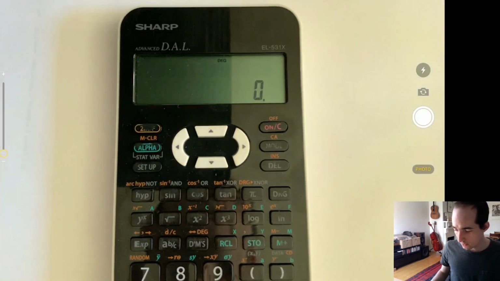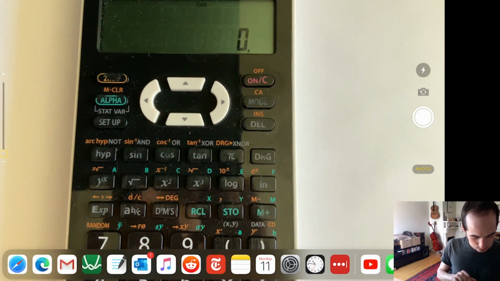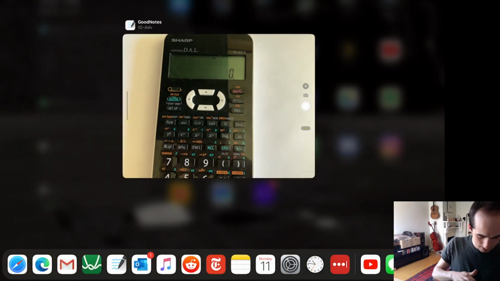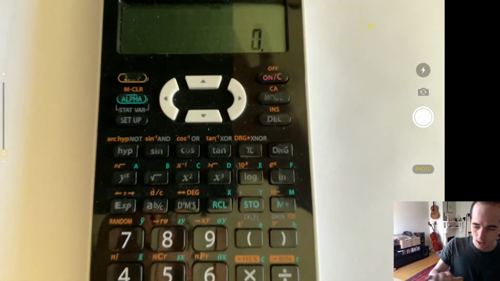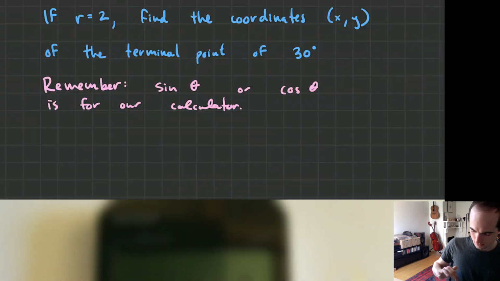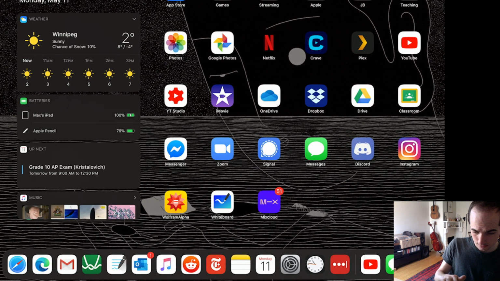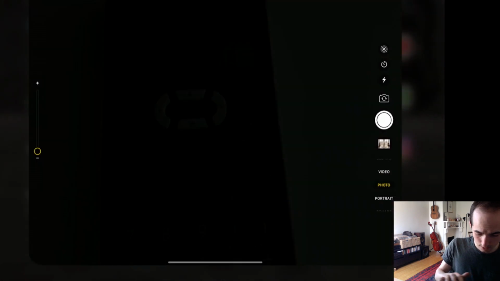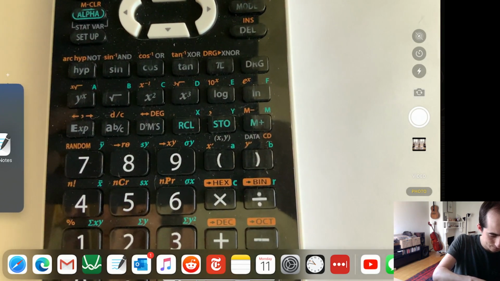So now that we're on degrees, let's see if we can get to the bottom of this. I wonder if I can do this. Oops, what did I do? Oh yeah, I'm in GoodNotes. Okay, get rid of that. Here's my camera. I wonder if I can split screen this.